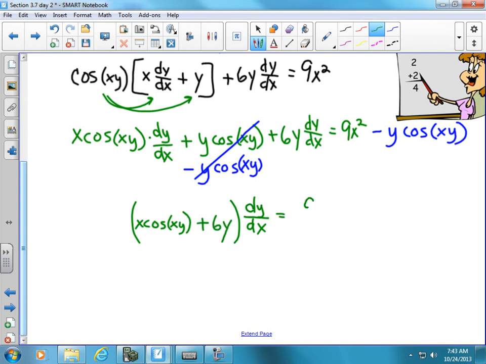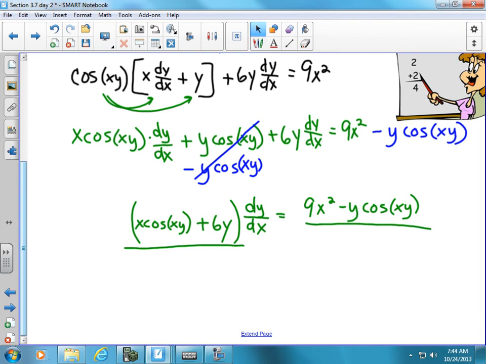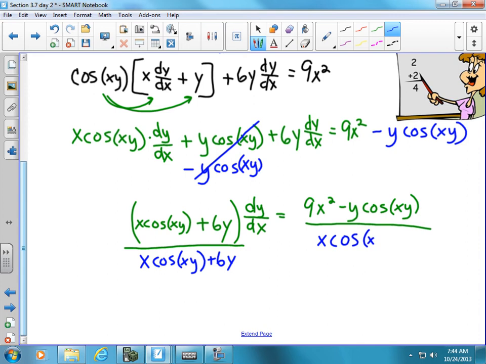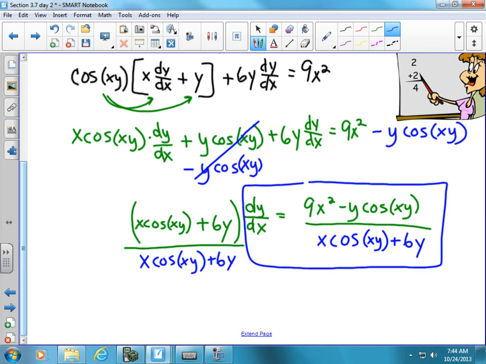All right, and that equals 9x squared minus y cosine of xy. See there? Y times cosine of xy. Now we're going to divide both sides by what's on the left next to the dy dx. And that is our derivative function right there.